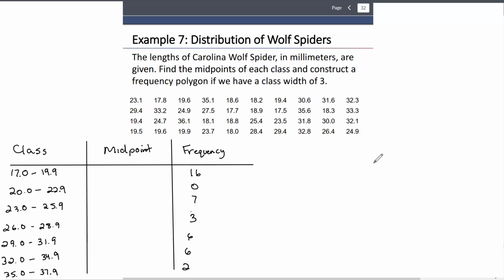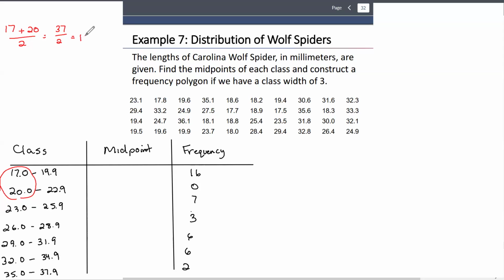So remember, we're looking at essentially the average of two class limits. So if we look at these two, we have 17 and we have 20. So we're going to add those together and divide by 2. So what we'd end up with is 37 divided by 2.